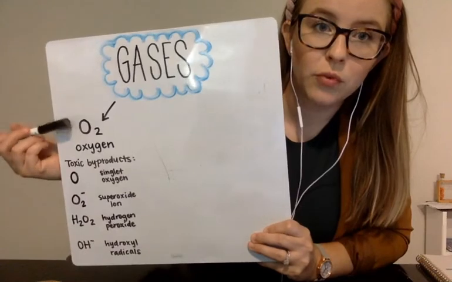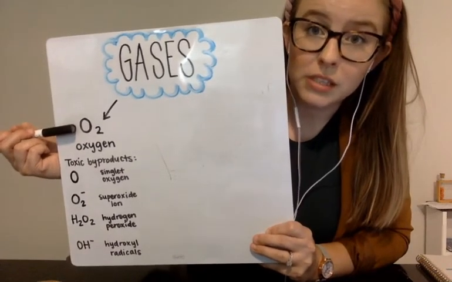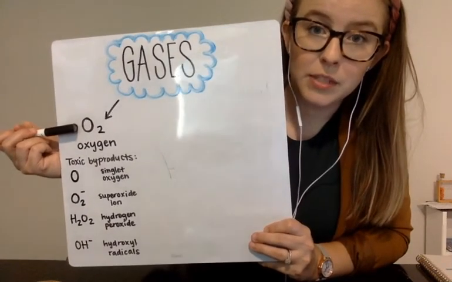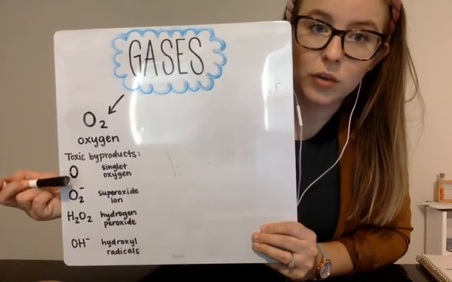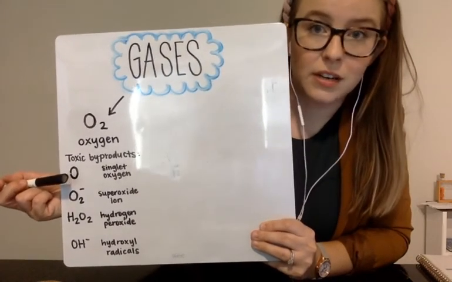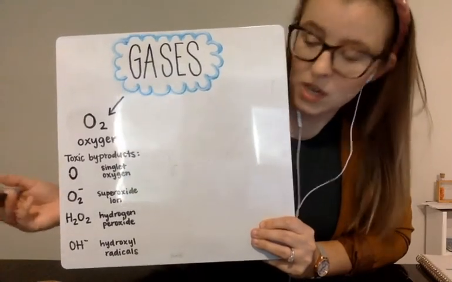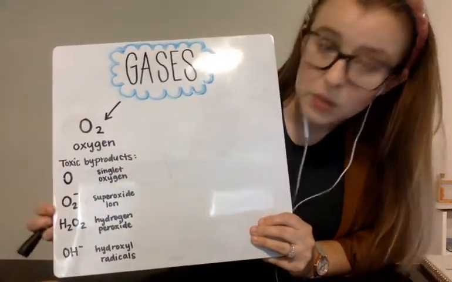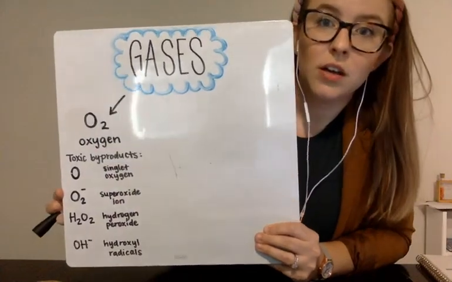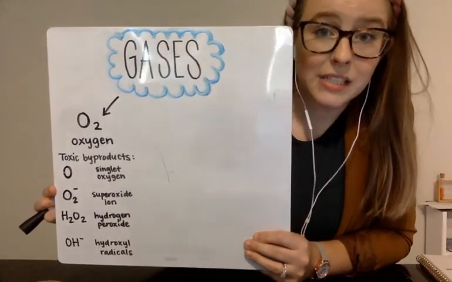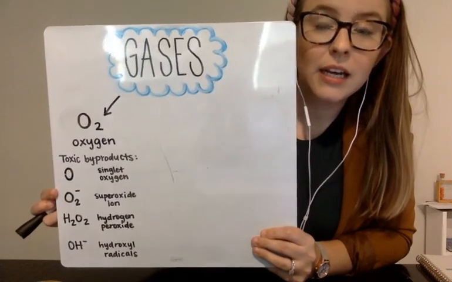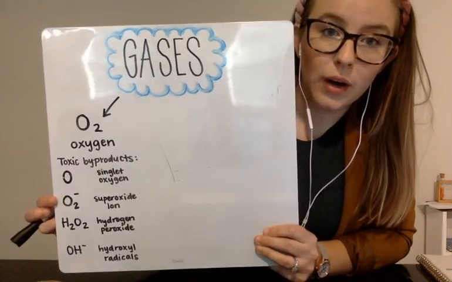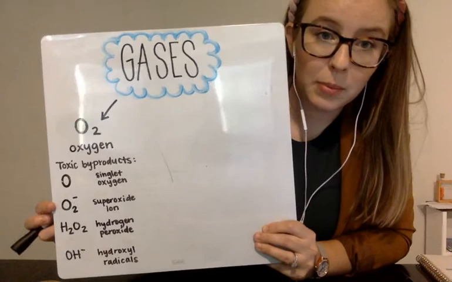As I mentioned before, oxygen is generally present as a doublet in atmospheric gases, but we can have a singlet oxygen form as a product of this oxygen being used in a cell. It can also lead to superoxide ions, shown as O2 with a negative charge. This superoxide ion is another toxic byproduct.